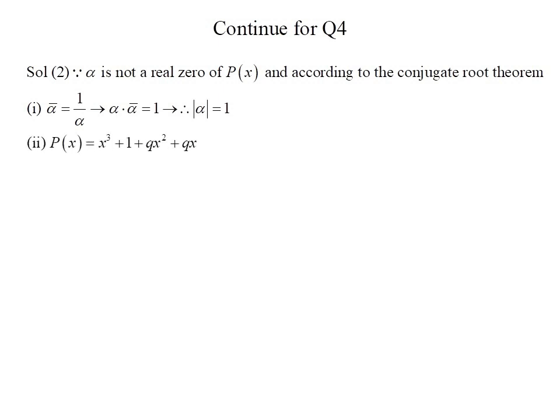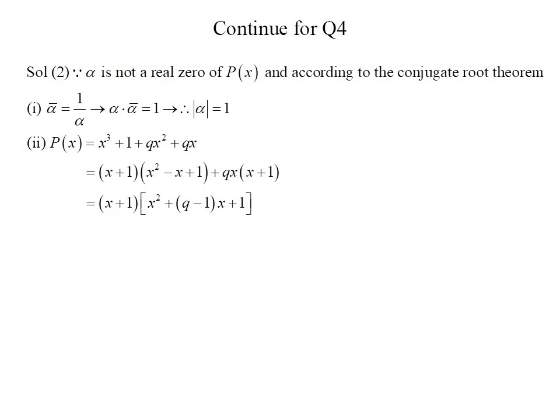As for the second sub-question, we factorize the polynomial p(x) and obtain the factorized form as (x plus 1) multiplied by [x squared plus (q minus 1) times x plus 1].